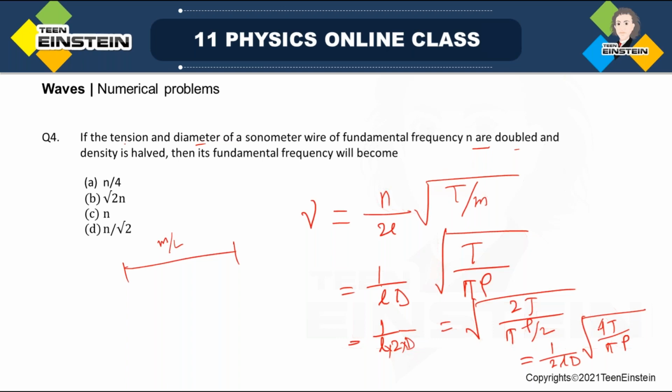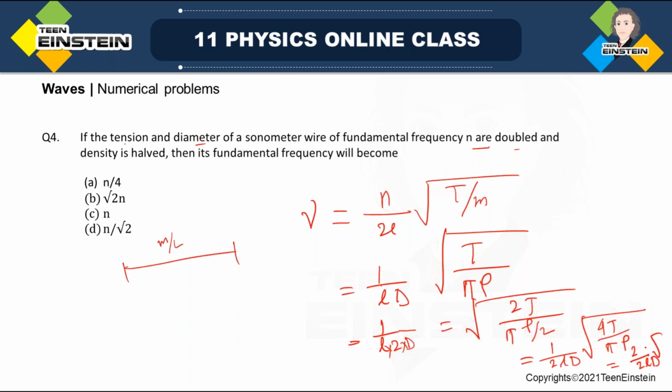What we can do is take 4 common. 4 common means you will get 2 over here. Then you get 2LD as usual, along with that natural frequency.